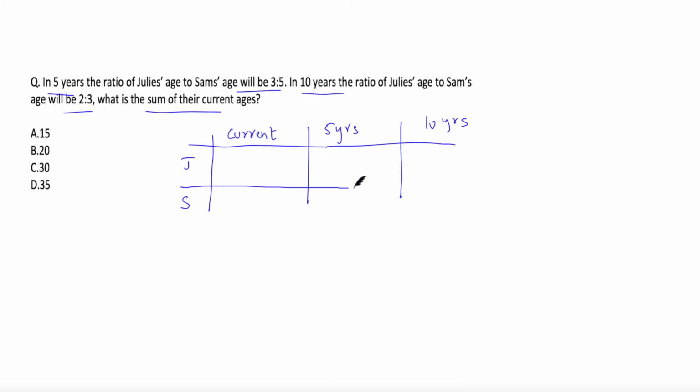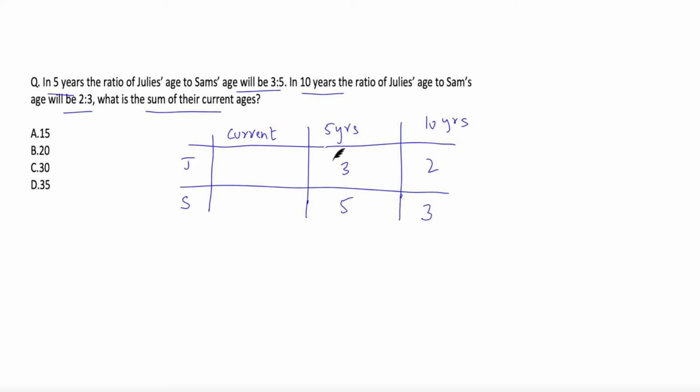So the ratio of Julie's age to Sam's age after 5 years is 3:5. And after 10 years, it's 2:3. Now, if I keep looking at these numbers, I can't do anything. But if I convert them into actual ages, I might be able to do something.